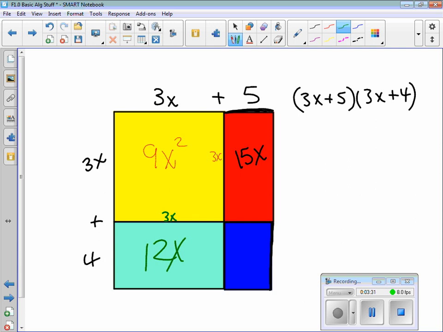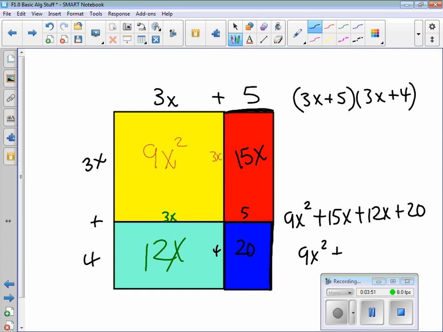And then the blue one, the final blue one down there has a side of 4 and a side of 5, so that's 20. So the total area of this thing is 9x squared plus 15x plus 12x plus 20. Let's simplify that, put the common terms together, and we get something like this, okay? Make sure you understand that before we go on.